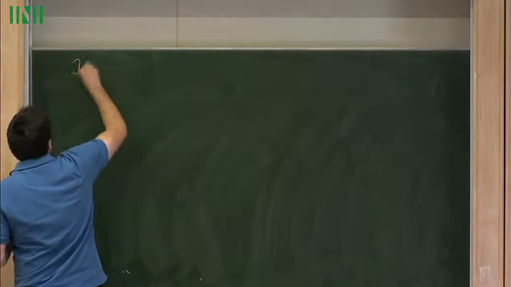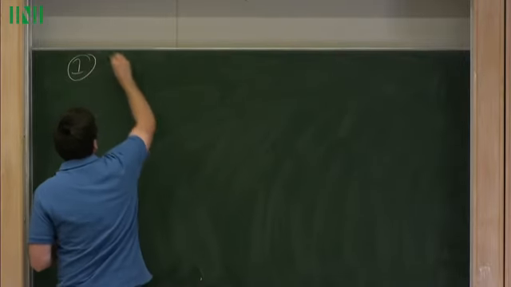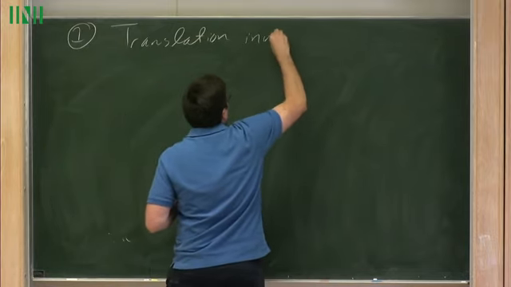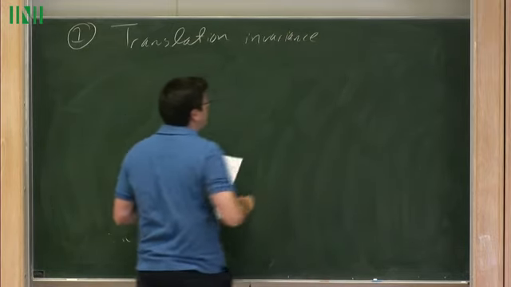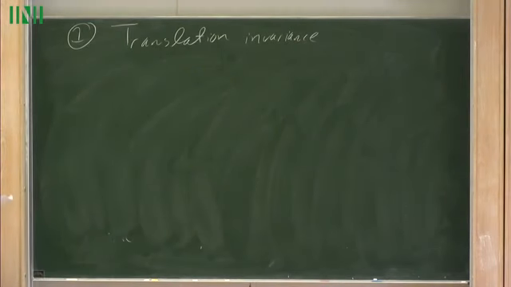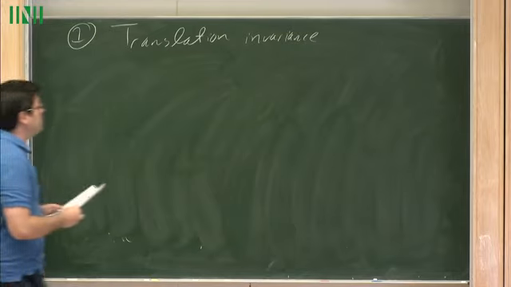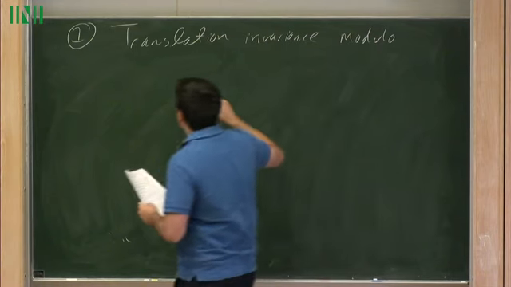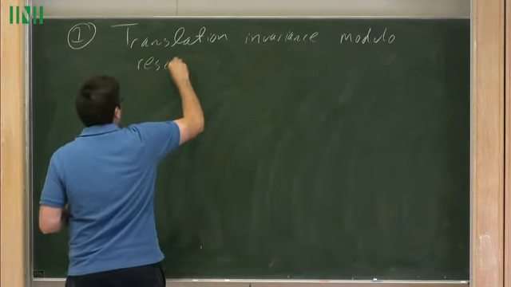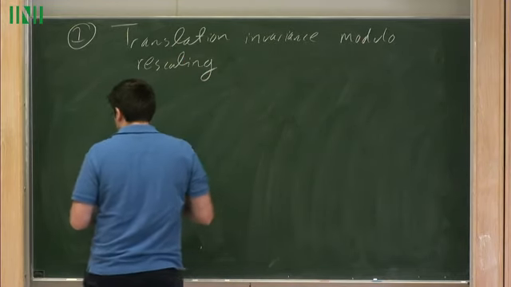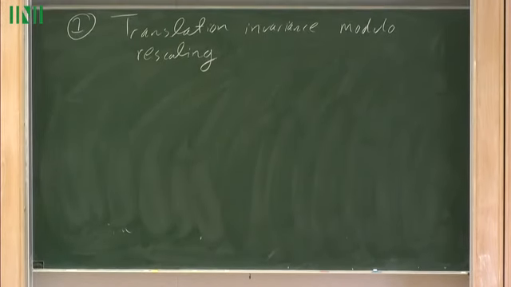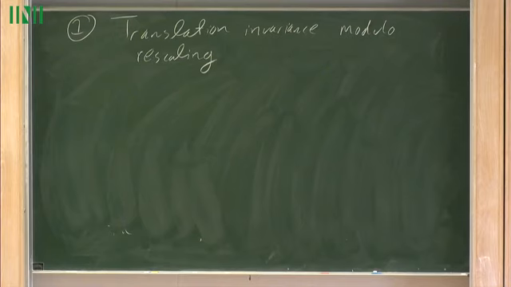So the first one is going to be translation invariance. And in usual random walk in random environment, this is the kind of assumption that you make. But what's going to be different here is that it's translation invariance only modulo performing a rescaling. It turns out that there are a number of different ways of giving a mathematically precise definition of what one could mean by translation invariance modulo rescaling.